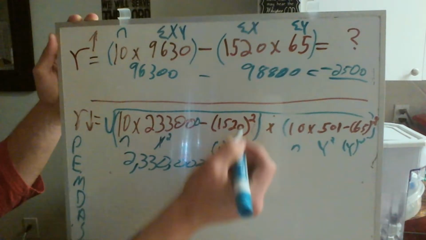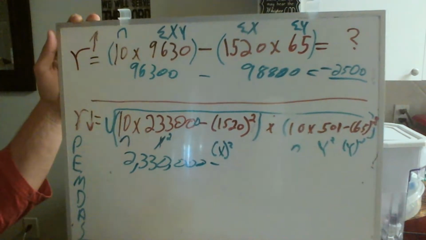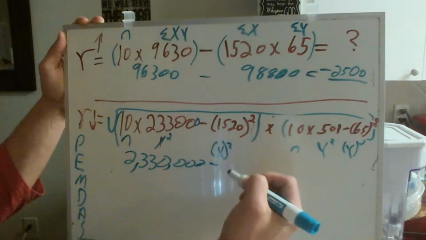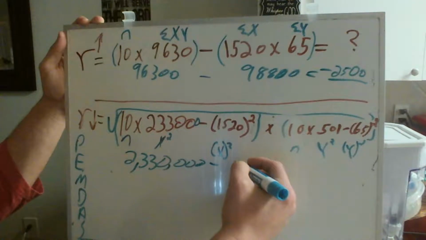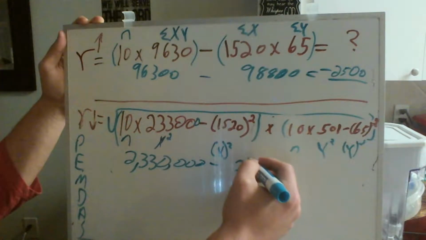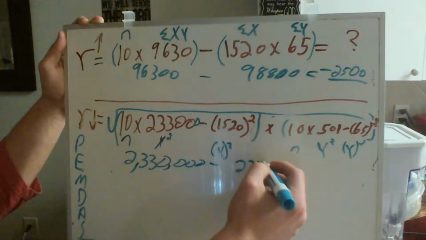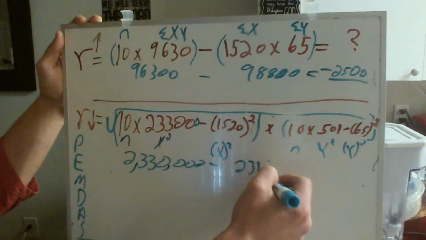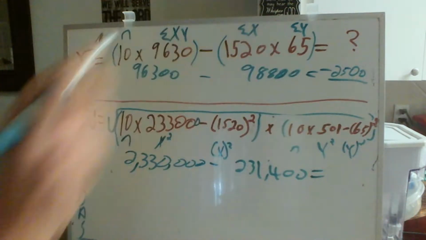Got 2 little tick marks there. Minus, what is that? I got it written down on my note card because I'm not that smart. That's 2,003,000 or 310,400, and that gives us a number, right?